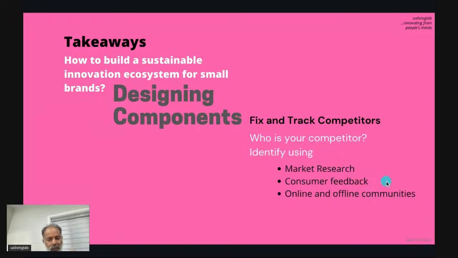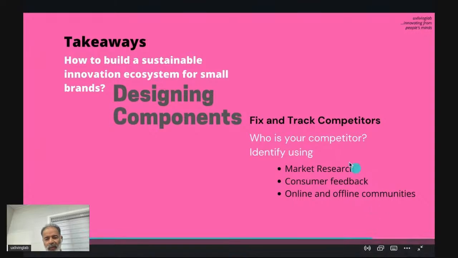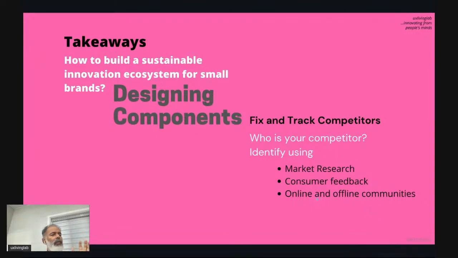Identify using market research, consumer feedback, online and offline. You have to continuously gain information through these methods, because any moment a new competitor can come. So you have to get that information continuously.